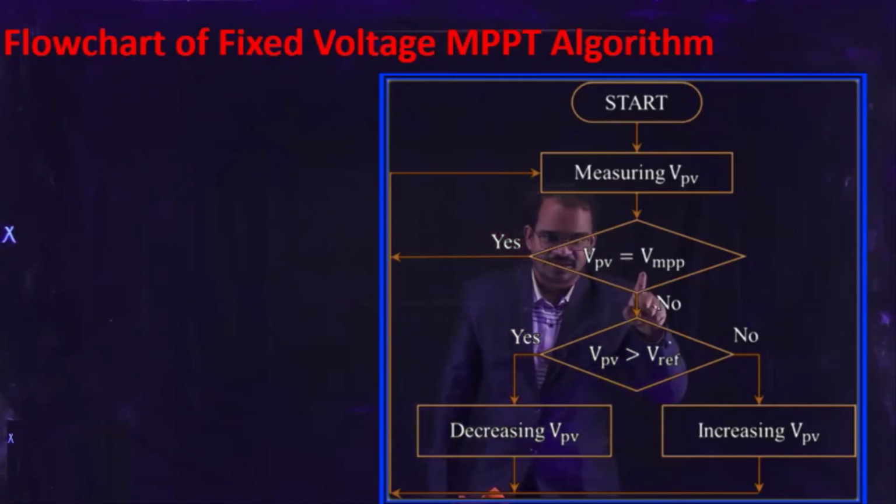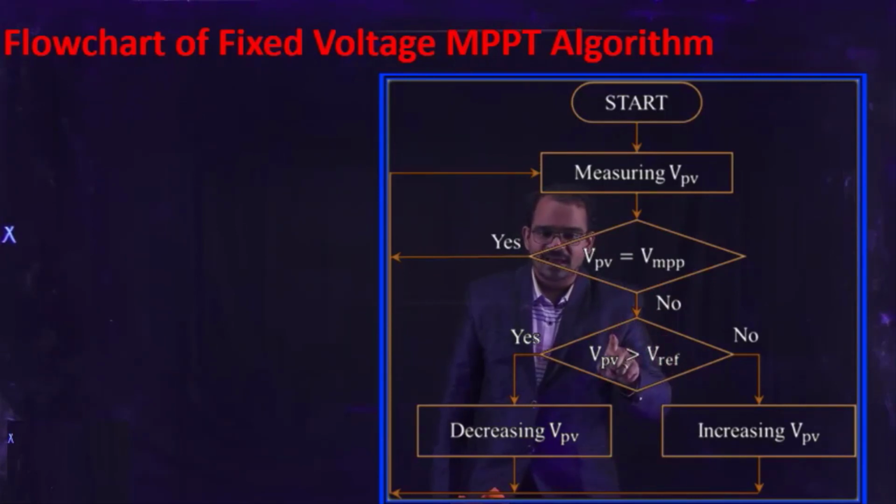On the other hand, if the array operating voltage and the reference voltage are not equal, then we need to compare the array operating voltage with the reference voltage.